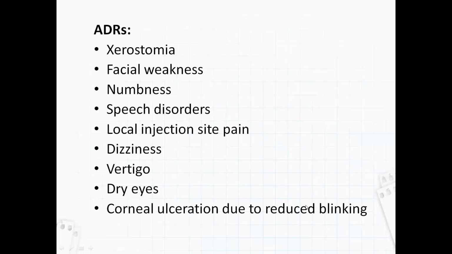As we saw, it is given for blepharospasm and strabismus, due to which there can be reduced blinking, which can expose the eyes for a longer time, and corneal ulceration can happen.